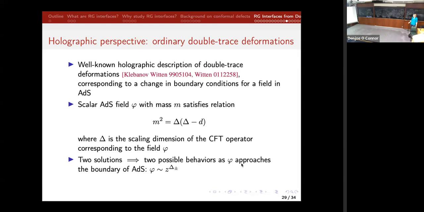There are two solutions to this and two possible behaviors as phi approaches the boundary of AdS. It could be the UV solution, which is phi scaling as z to the delta, where z is the Poincare coordinate.